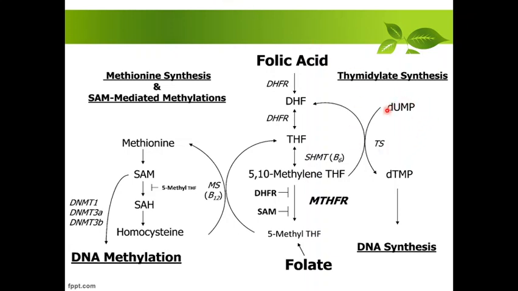One more देखो, deoxyuridine monophosphate. It is converted into thymidine monophosphate. You know uridine monophosphate? It is a basic unit of the RNA. So it is converted to thymidine monophosphate.